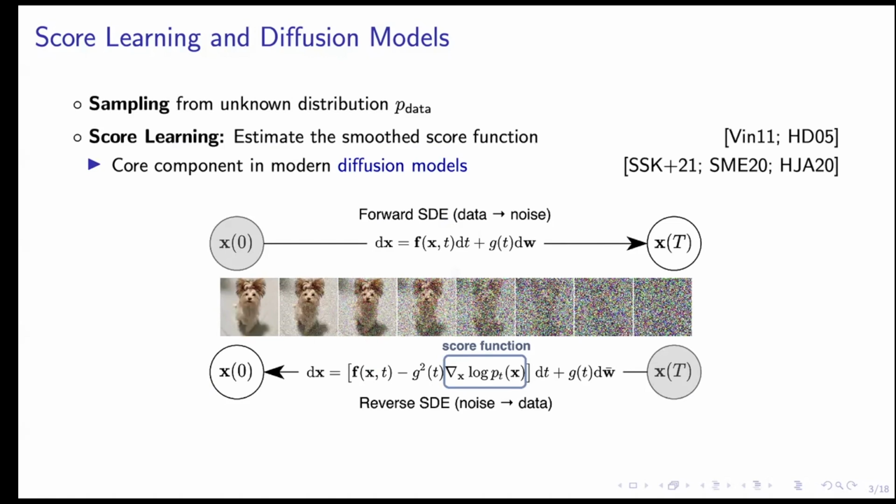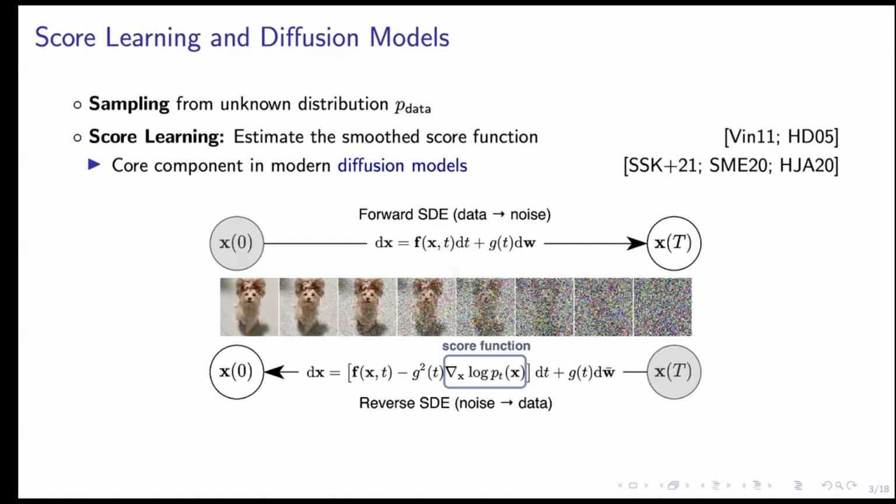That is, we learn a score function, basically the gradient of log P data, with parameterized models like neural networks, and then use this score to sample from P data. For example, plug it into Langevin dynamics and run it long enough. Score learning has become the core component in modern diffusion models.